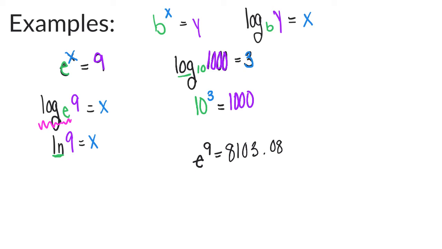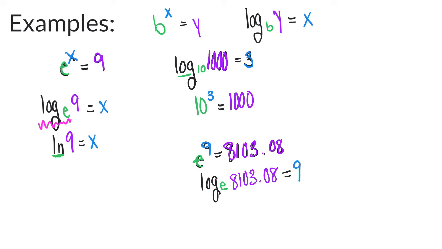If we were to rewrite this in logarithmic form, we're going to start off by writing log with my base of e of 8,103 and 8/100, and that's going to be set equal to my exponent.